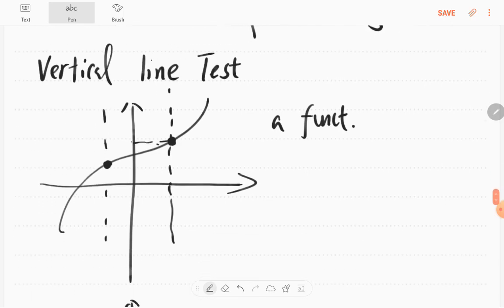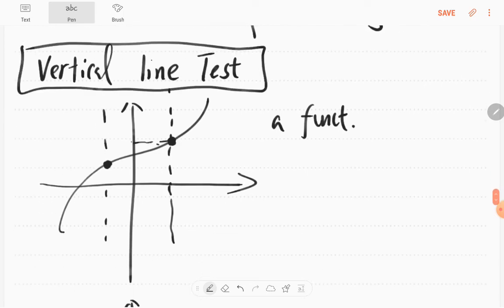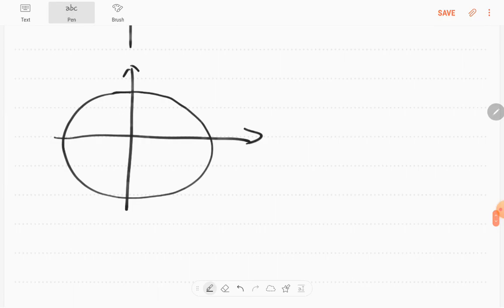Why? We can use the vertical line test. We draw a vertical line. For each x value, there correspond 2 intersection points. In other words, it corresponds to 2 y values, right? So this is not a function.